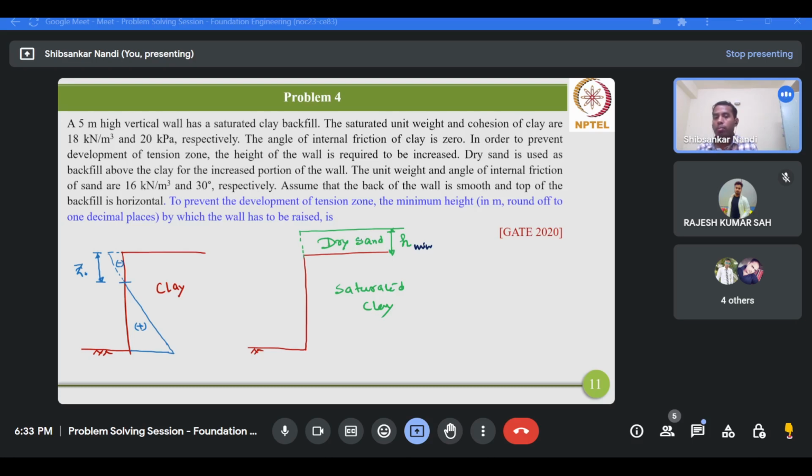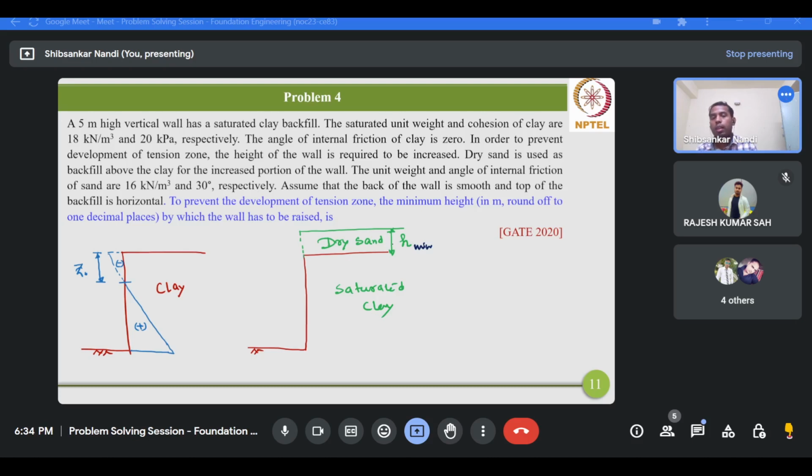And why? We have explained earlier. Only the chance of generation of tension crack will be in the clay portion. So we can basically provide a height so that there should not be any development of tension zone inside the backfill.